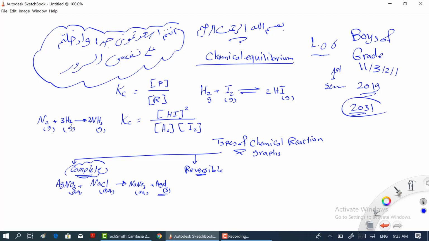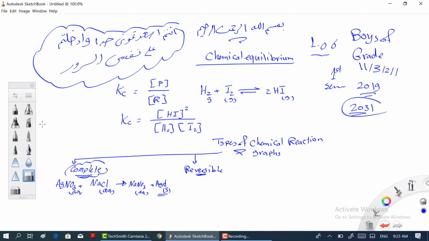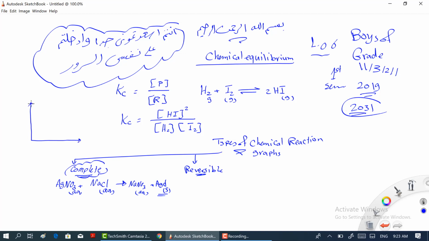I want to represent it in a graph. Representing it in the graph is talking about the concentration and the time. For these reactions, or for any reactions, let's talk about the reaction of N2 plus 3H2 giving us 2NH3.